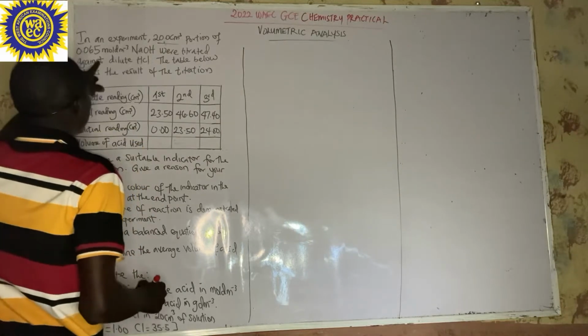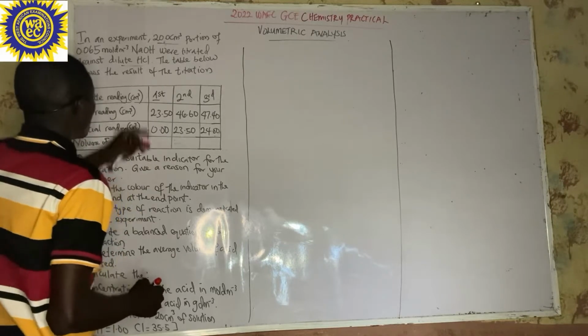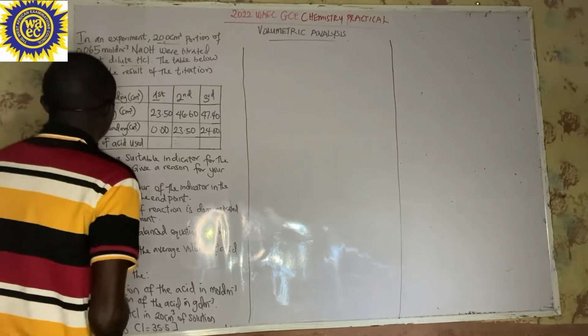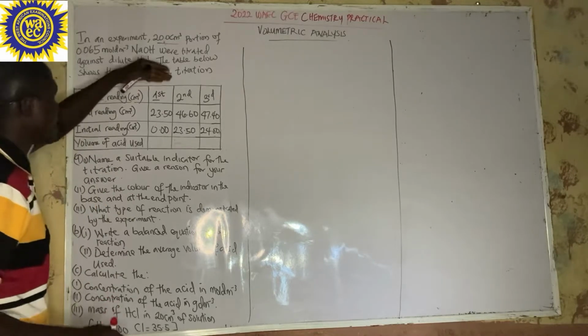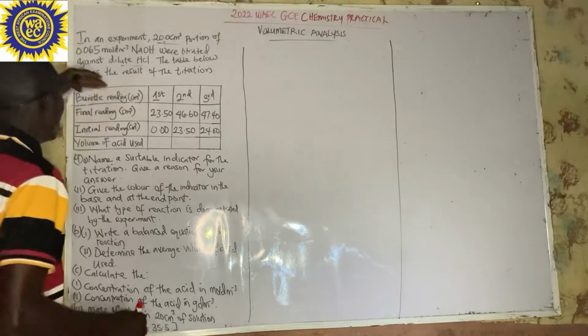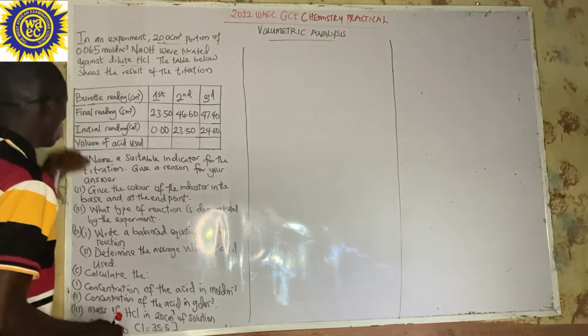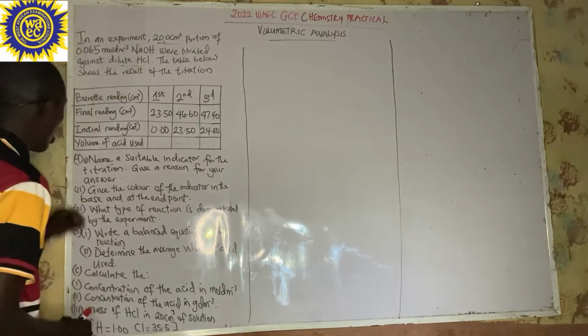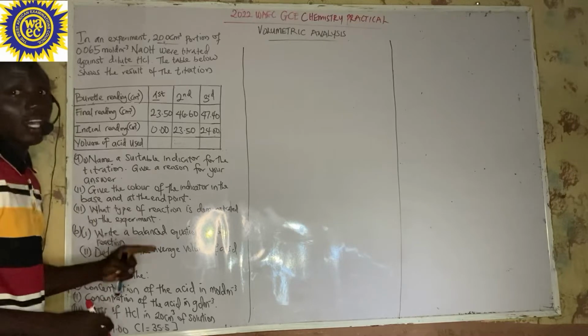This is the table of titration. We are seeing the burette reading, the first titer, the second titer, and the third titer. We have the final reading, the initial reading, and the volume of acid used. Name the suitable indicator for the titration. Give a reason for your answer.